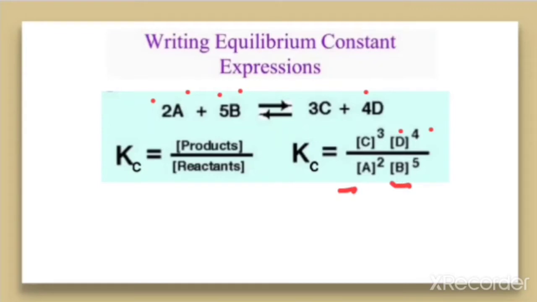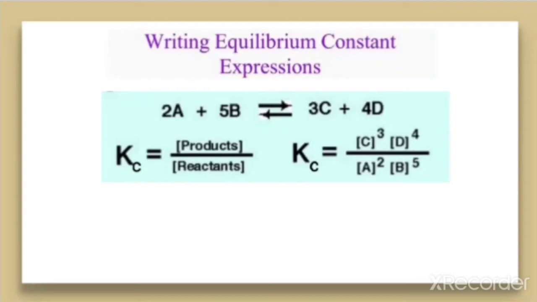So it is very important that the stoichiometric coefficient is written as the power for the respective concentration of the reactant or product. This is a general form of equation explained for writing the expression for equilibrium constant.